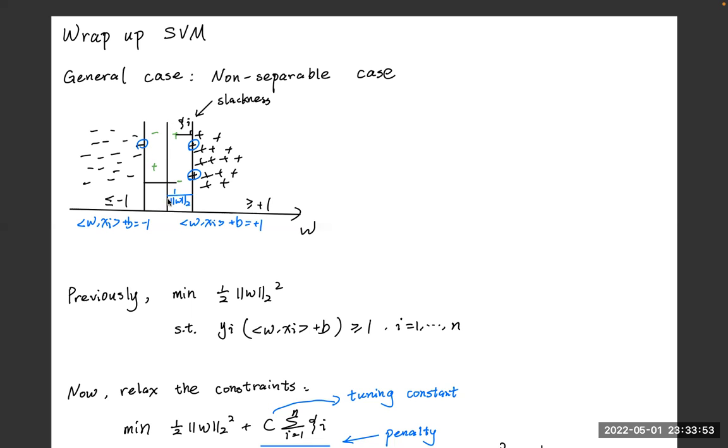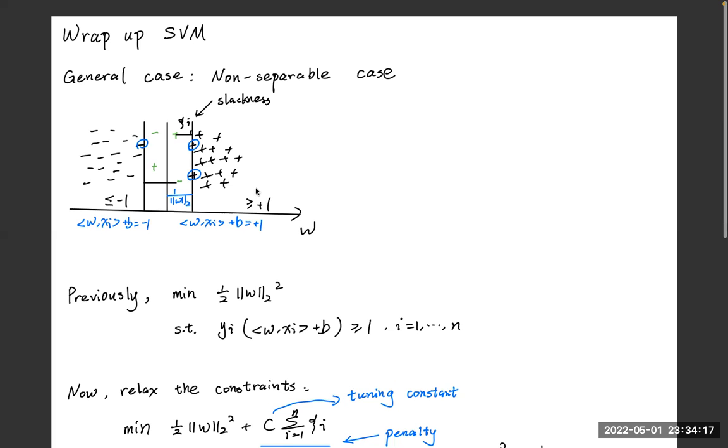In fact, it even go beyond the true classification boundary. This may be like a 1.2. So this psi i, the slackness, is how much you need to relax for those examples, or how much they go beyond the safety boundaries. And this psi i is always non-negative.